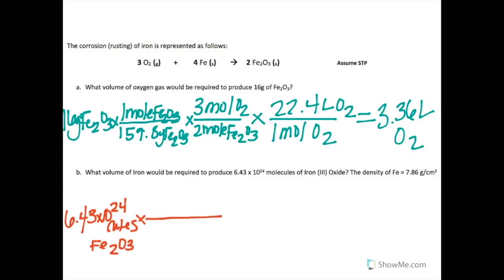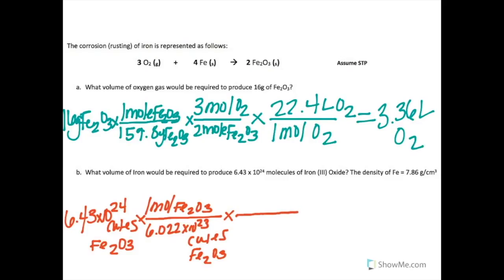Since we have that first, we're going to use Avogadro's number to calculate the conversion factor of the number of molecules that is equal to 1 mole. So 1 mole of iron 3 oxide on the top and 6.022 times 10 to the 23rd molecules of iron 3 oxide on the bottom. Our next step will be to use the mole-to-mole ratio in the equation.